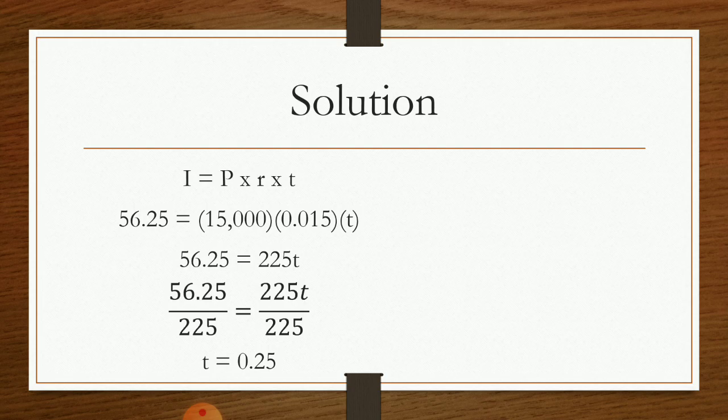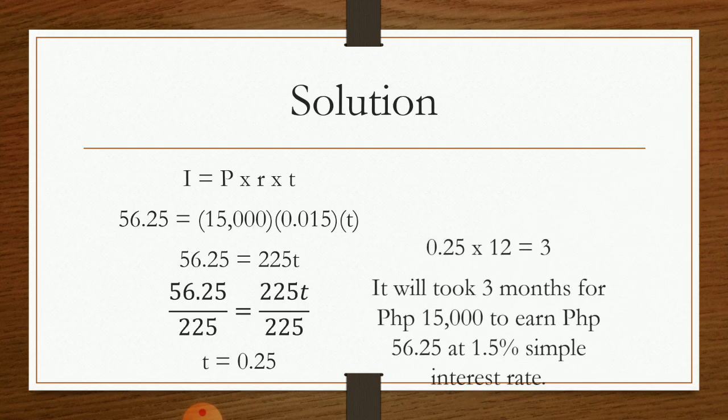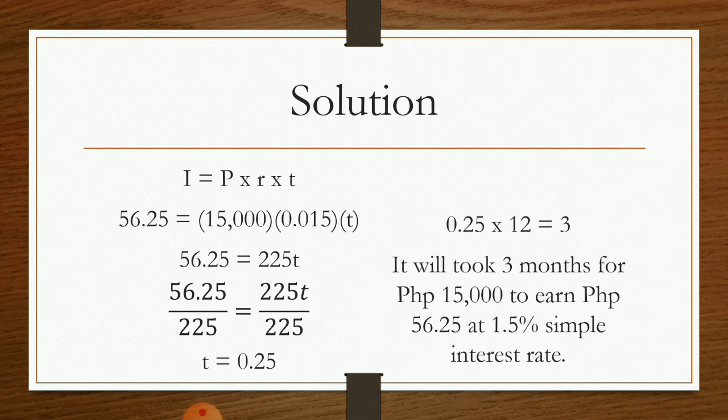So how many months is 0.25? Since we have 12 months in a year, therefore, let us multiply 12 with 0.25. So 0.25 times 12 is equal to 3. Therefore, it will take 3 months for 15,000 Philippine peso to earn 56.25 Philippine peso at 1.5% simple interest rate.